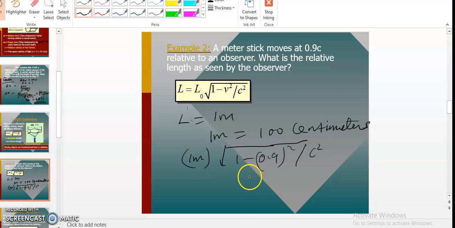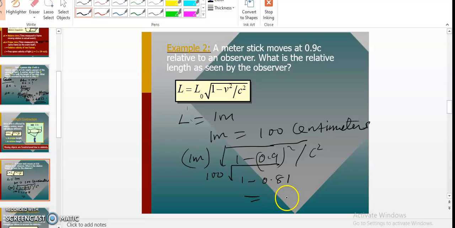Since we need to change this to centimeters, we have 100 times the square root of 1 minus 0.9 squared, which gives us 0.81.